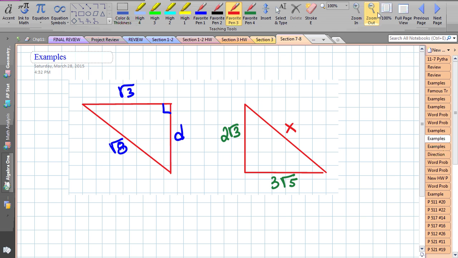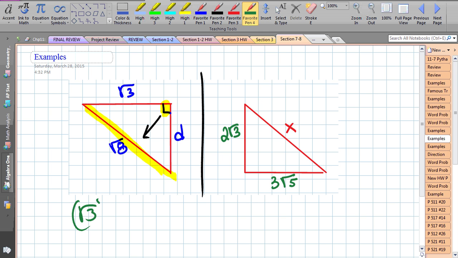Let's take a look at this one here in blue on the left. So, we got some radicals, very intimidating, but Pythagoras' formula is still the same no matter what type of numbers are represented on the sides. So I'm going to go radical 3 squared plus d squared equals radical 8 squared.